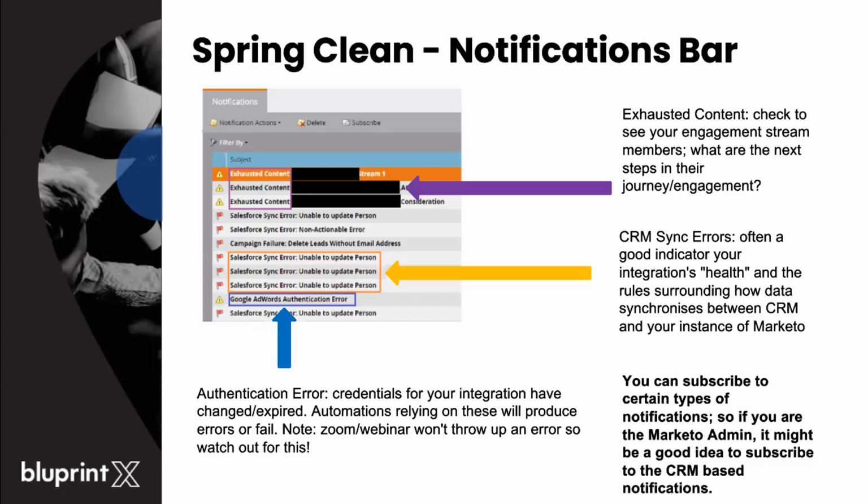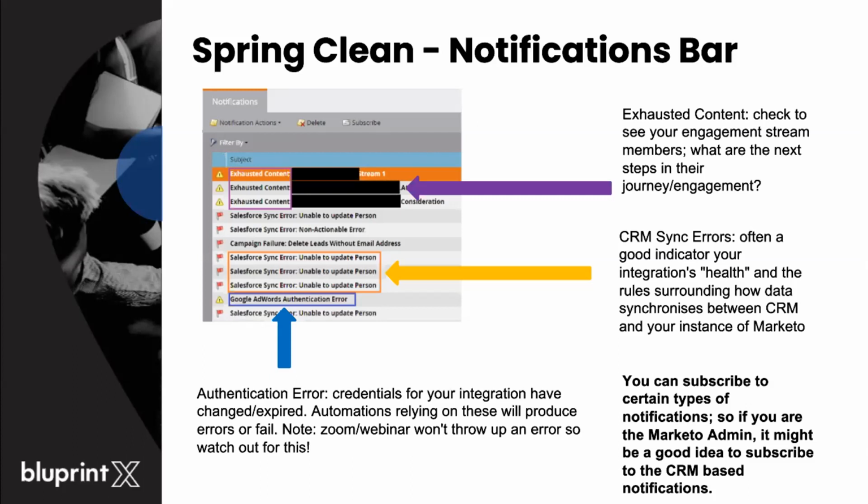So often you will find a validation rule is set up in Salesforce or Dynamics about how a telephone number should be stored, and all of a sudden Marketo tries to synchronize a new record across, discovers that the rule is now there, and it fails to synchronize because the CRM rejects it. This is the sort of notification you will get, and it's a good litmus test about the health of that integration. The third one is authentication errors.